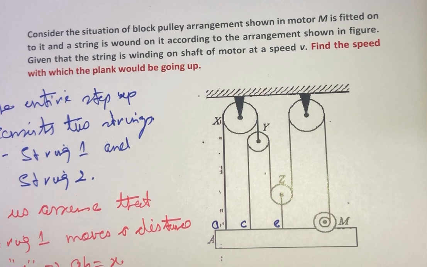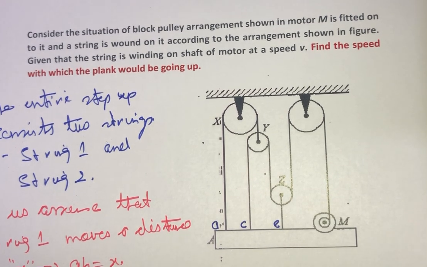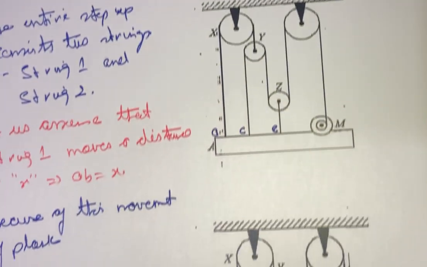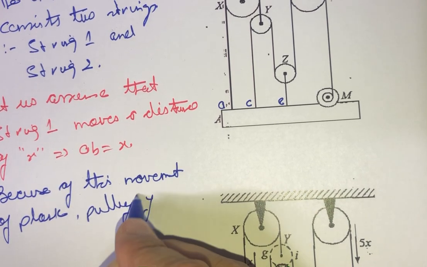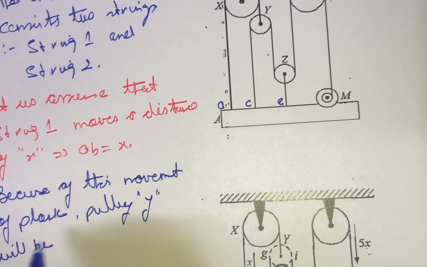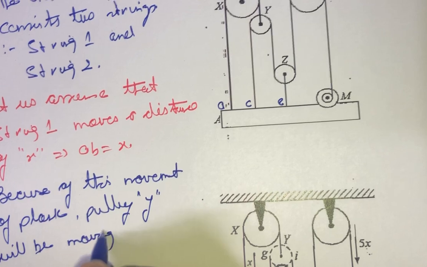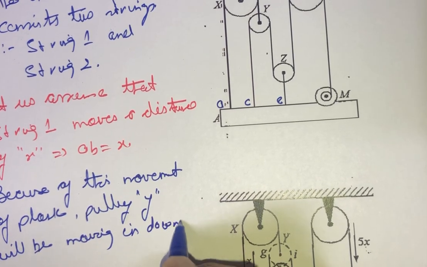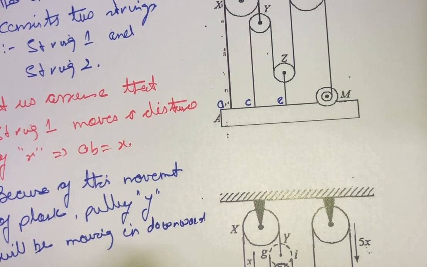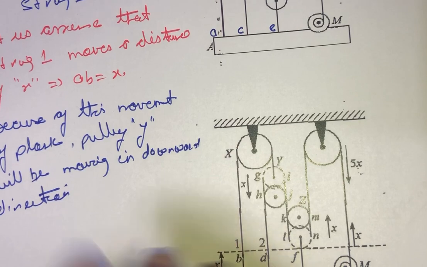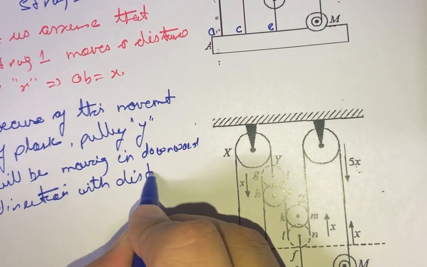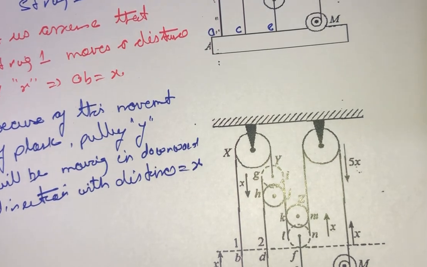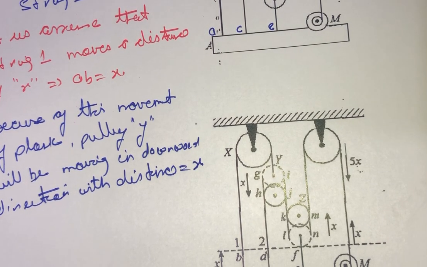Because of this movement of the plank, pulley Y will be moving in the downward direction with the distance x. Okay, the pulley Y will move in this direction by x.